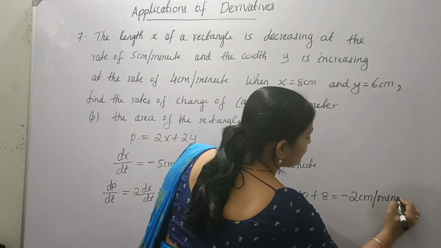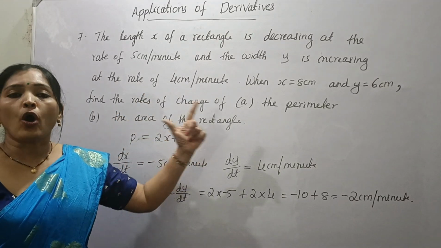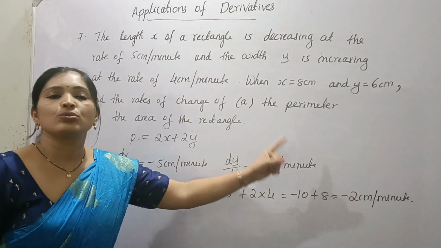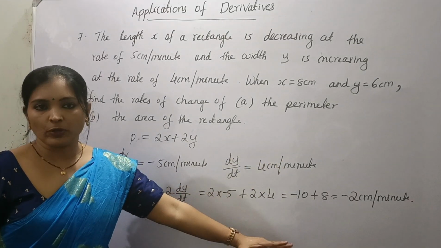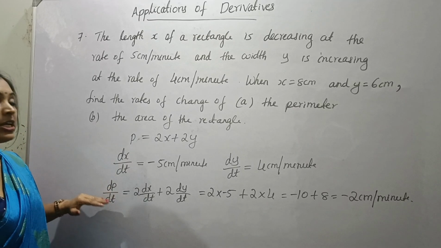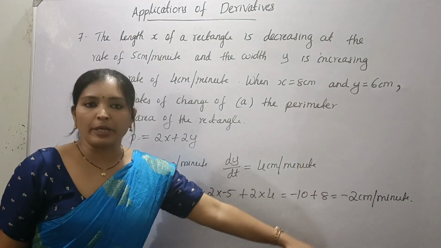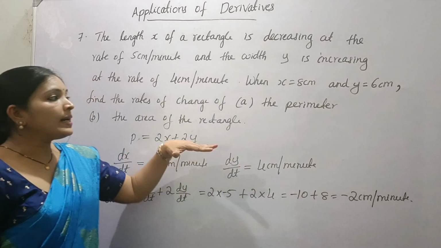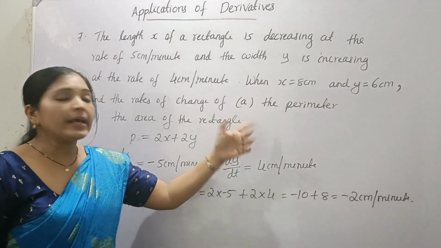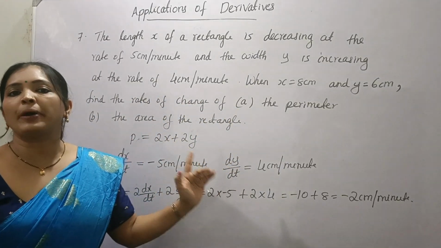What does it mean? The perimeter of this rectangle decreases at the rate of 2 centimeter per minute. Since it is minus, the perimeter is decreasing.